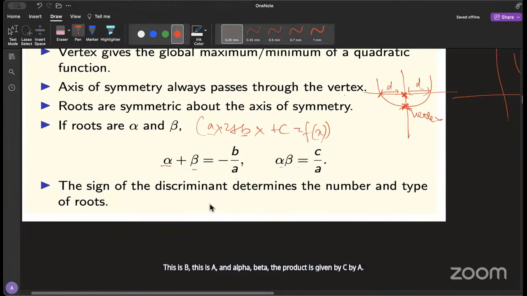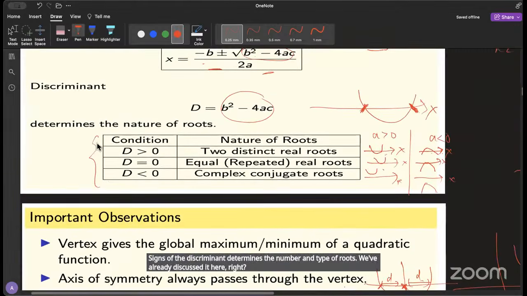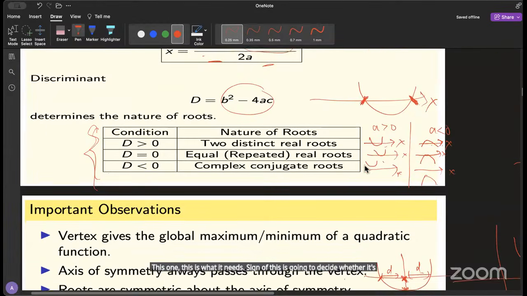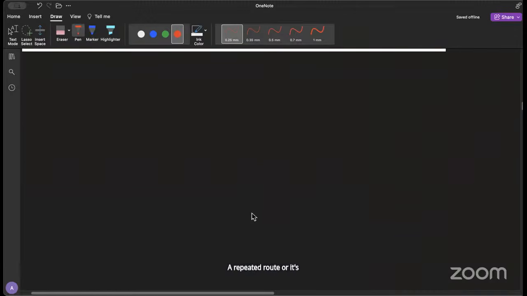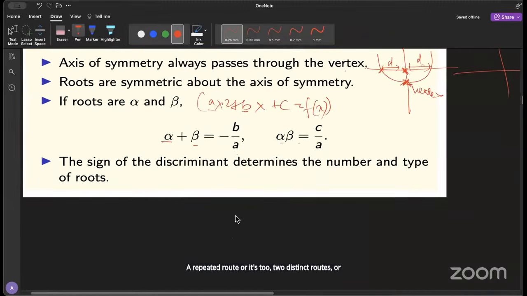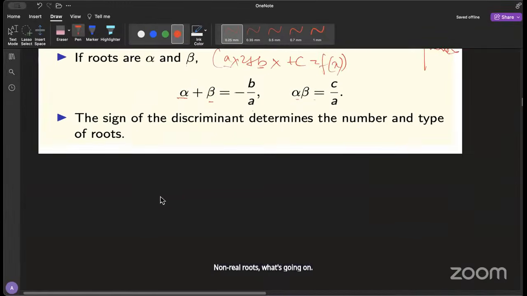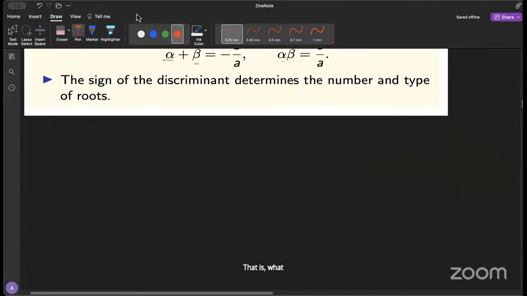And the sign of the discriminant determines the number and type of roots. We've already discussed it here, right? The sign of this is going to decide whether it's a repeated root, or two distinct roots, or non-real roots. That is what the discriminant tells us.